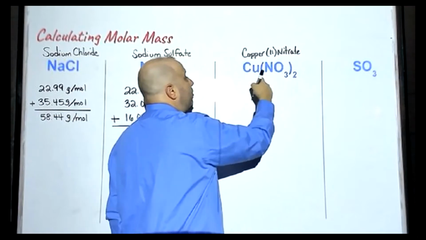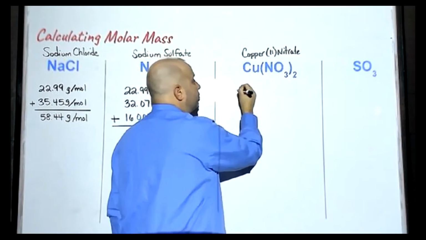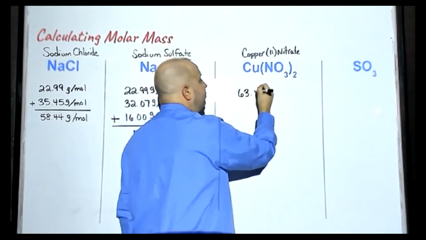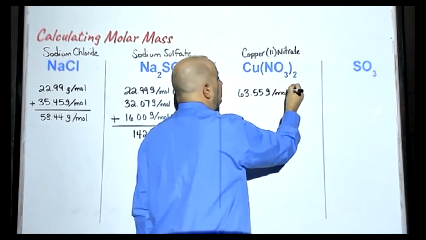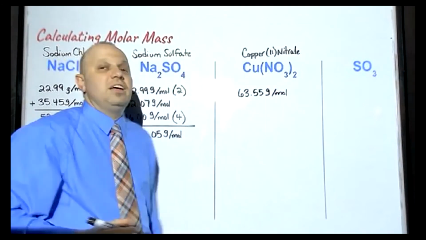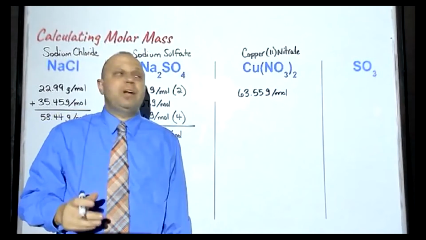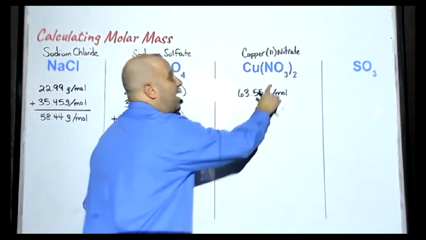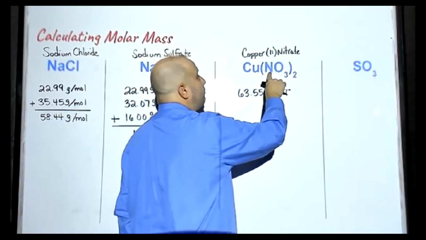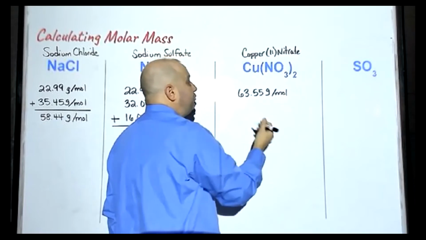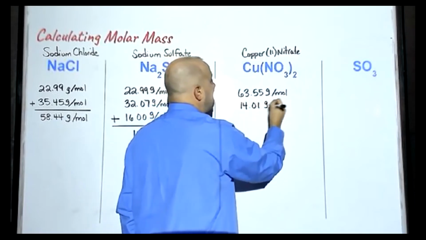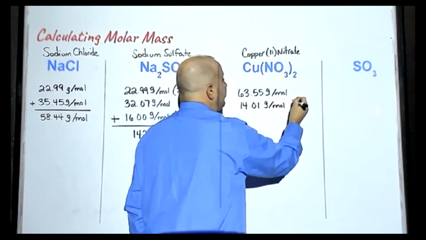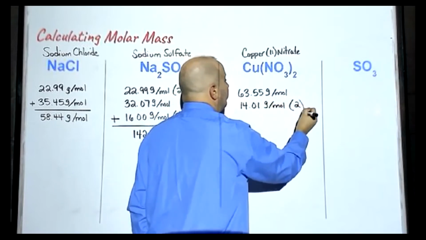So for copper, there is no subscript. So copper has a mass of 63.55 grams per mole. The nitrogen in the parentheses means that I have 2 copies of nitrogen. So nitrogen is 14.01 grams per mole. That will need to be multiplied by 2.